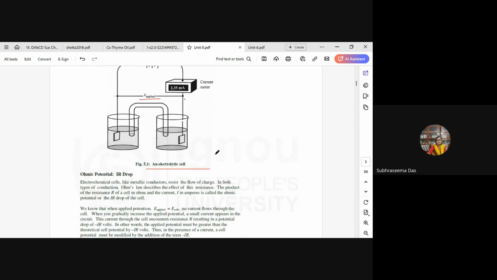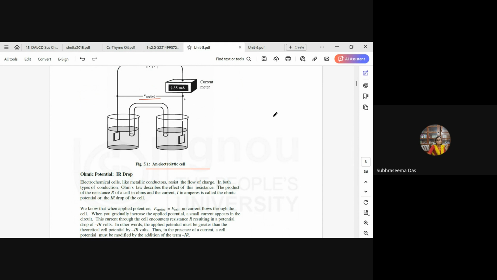Now we will understand what the IR drop, or ohmic potential, is. We know from Ohm's law that V is equal to IR. We will apply this to understand the IR drop. Electrochemical cells also resist the flow of charge. In both types of conduction, Ohm's law describes the effect of resistance.